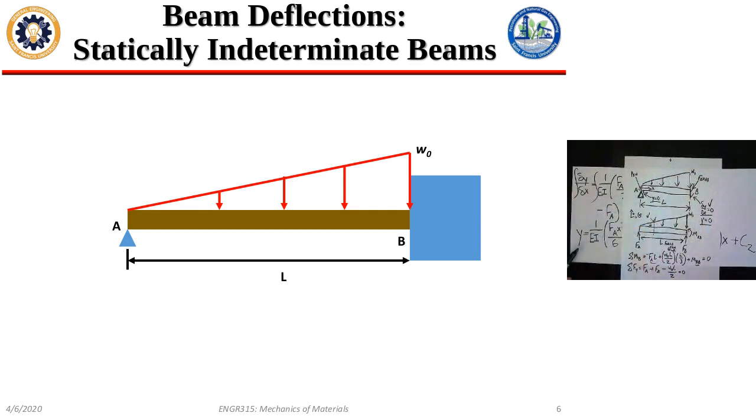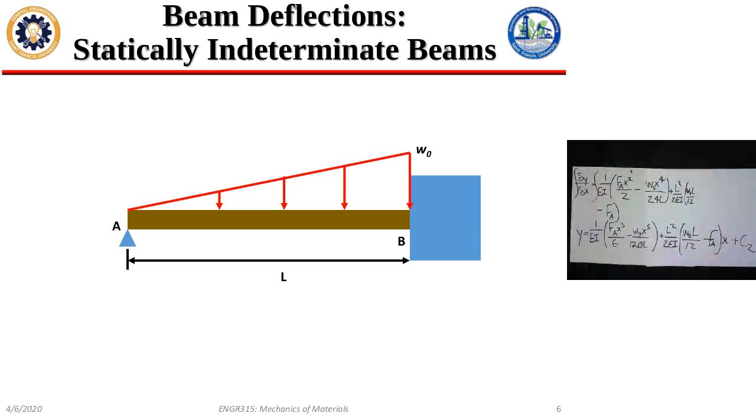Right now we have the equation for y, for deflection, so I can use either of the other two. But using the one at x equals 0 would be a heck of a lot easier. If I solve for C2 at y equals 0 at x equals 0, this goes to 0, this goes to 0, all this goes to 0, and C2 is obviously going to equal 0. That's going to make my life a heck of a lot simpler.